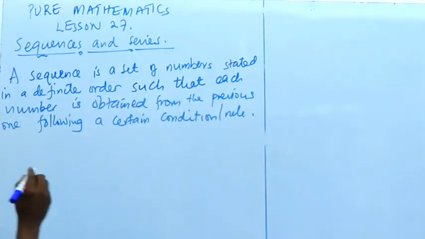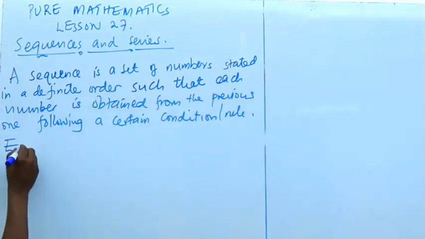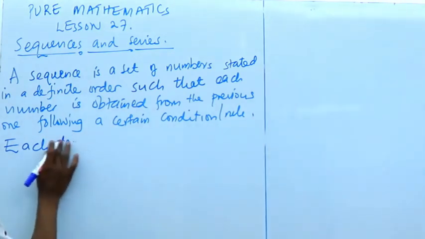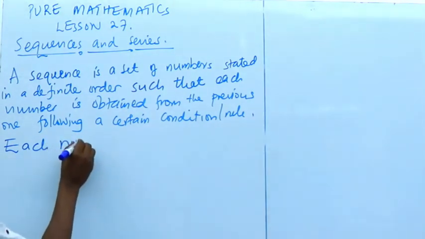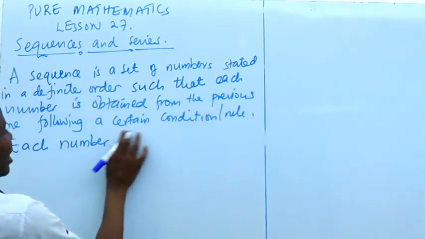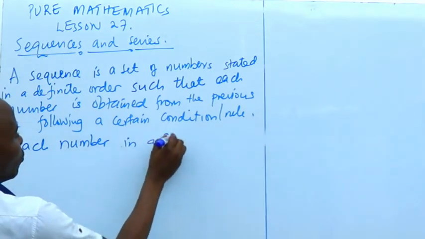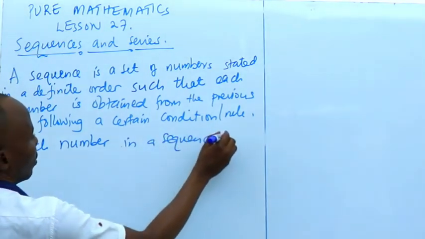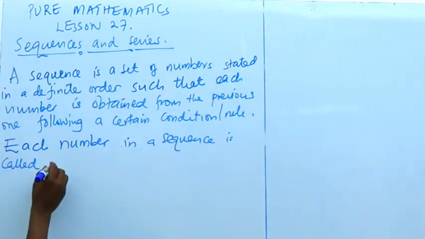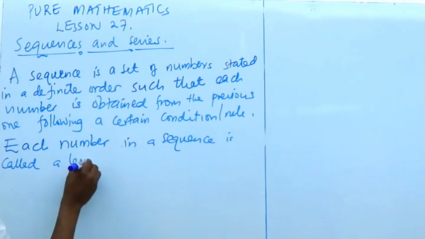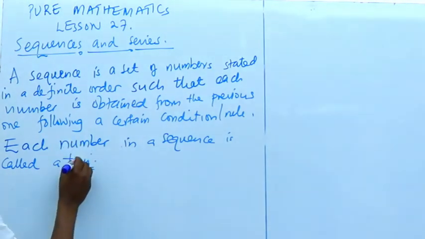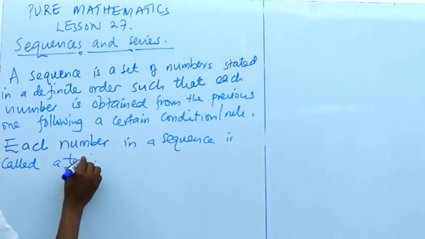Each number in a sequence is called a term. And even underline that one. Each number is called what? A term.